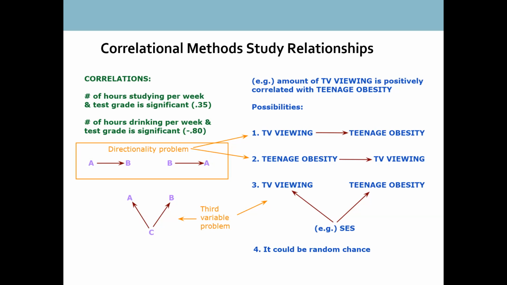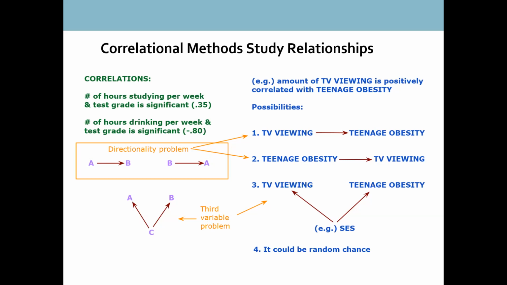It could be that the weight a person is causes the amount of TV viewing, and that heavier people sit around more and watch more TV, and people that are less heavy are more active and have less time for TV. So we don't know which way the direction goes, whether the TV viewing is causing the obesity or the obesity is causing TV viewing. There's no way to tell from running a correlational study. All we know is that somehow these variables are related.